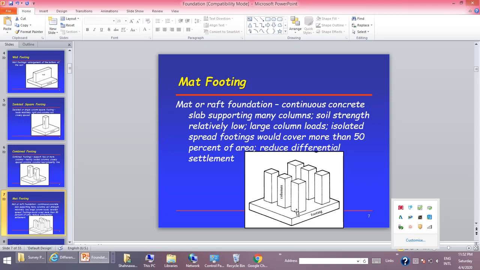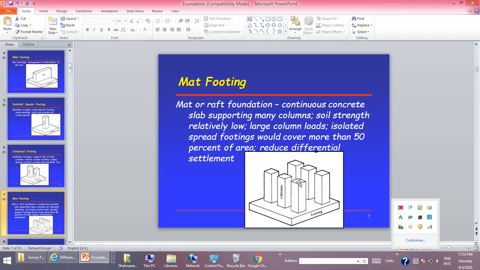When we calculate the foundation of each column and add them all up, if it is more than 50% of the area of your total land, then it is better to provide a raft footing, that is one footing for all columns in the x direction as well as the y direction.